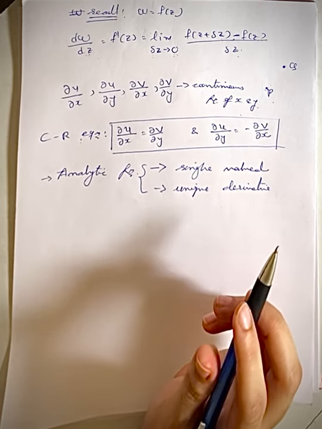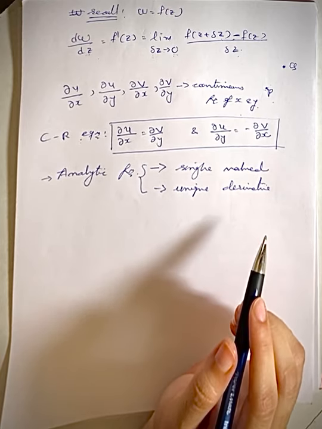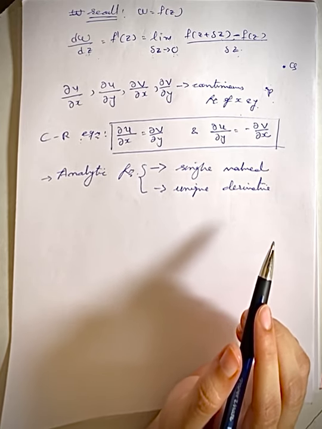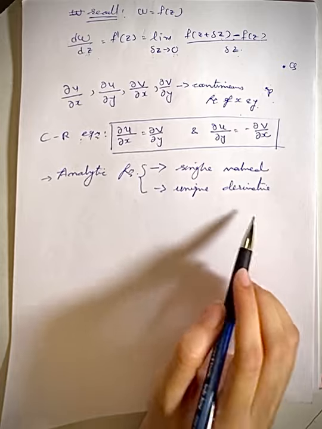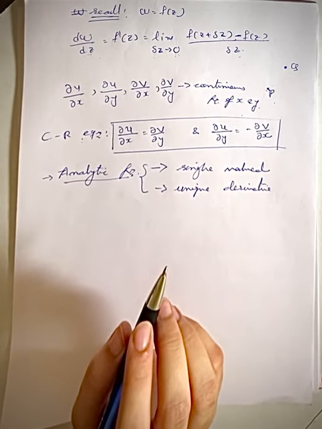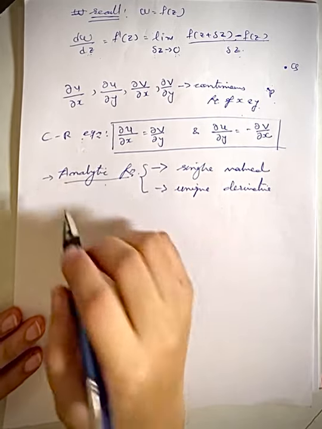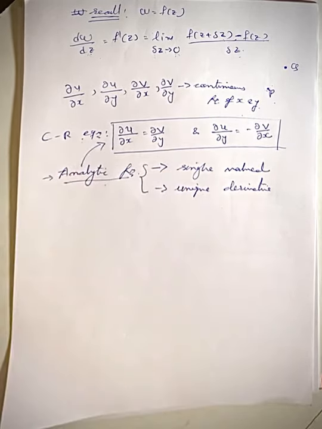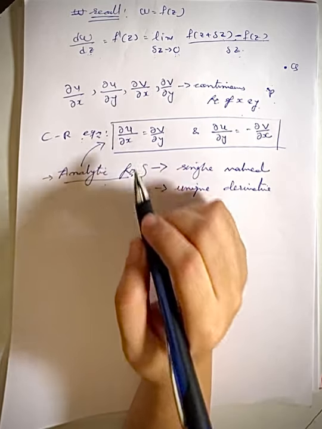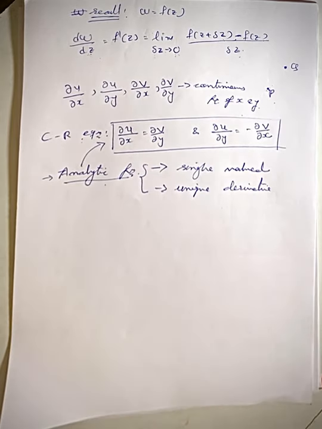If it is single valued and possesses a unique derivative with respect to z at all points in the region R, then such functions are called analytic functions. To check whether the function is analytic or not, we check the CR equations. The CR equations are the necessary and sufficient condition for the function to be analytic.